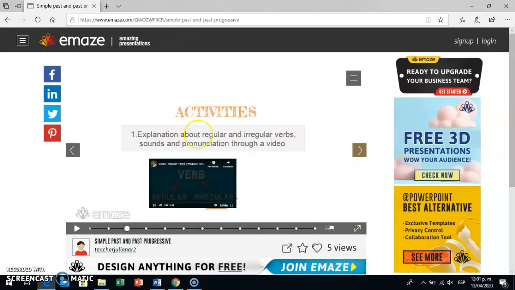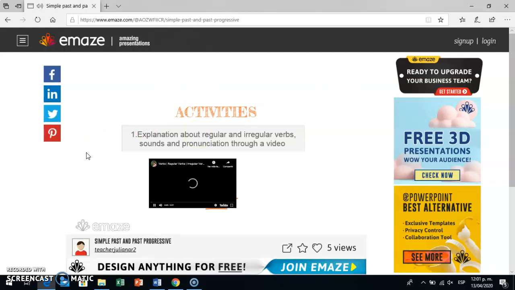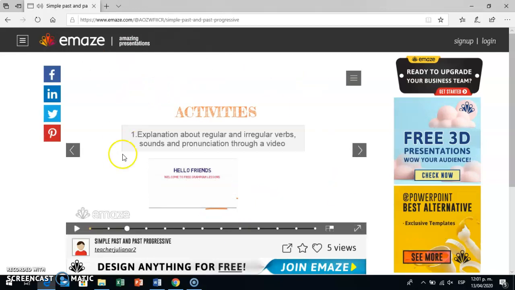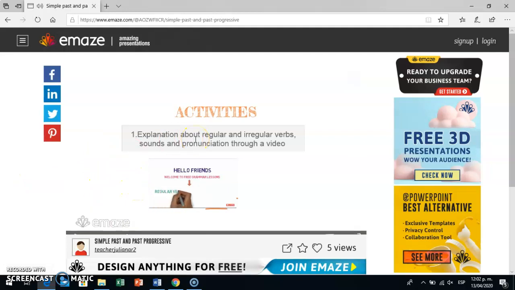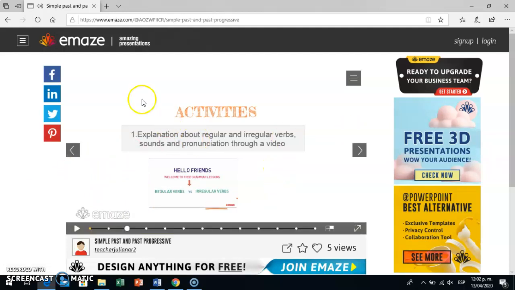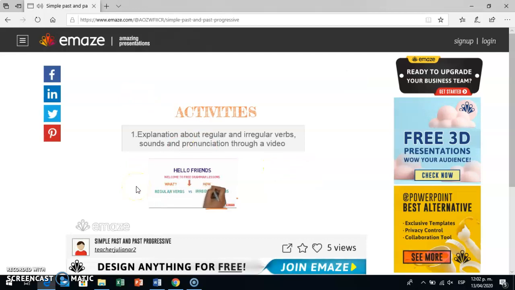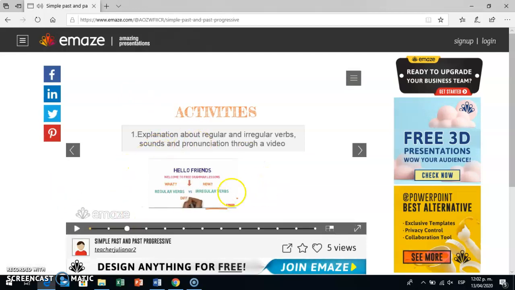Now, there are different activities to explain to my students the difference between the two concepts. The first activity is an explanation about regular and irregular verbs. This activity will be with a video.